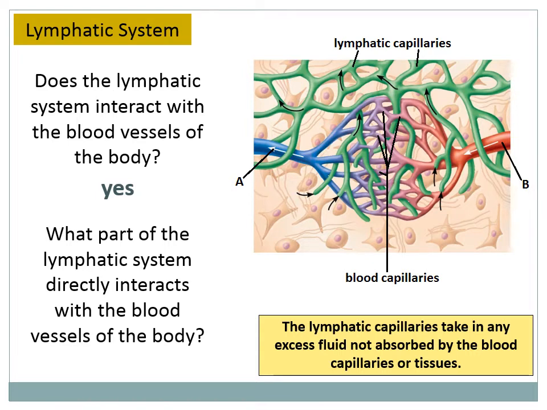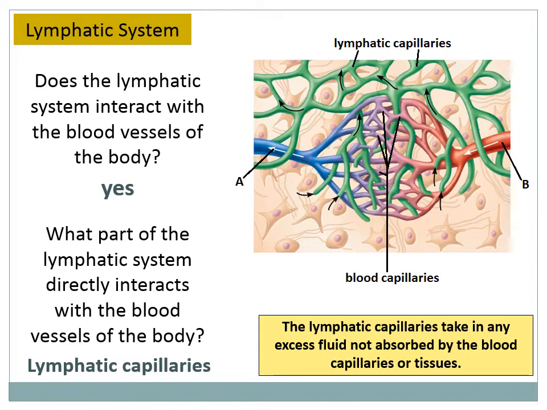What part of our lymphatic system directly interacts with the blood vessels of the body? Yeah, the lymphatic capillaries. What the lymphatic capillaries do is take in any excess fluid that is not absorbed by our blood capillaries or tissues.